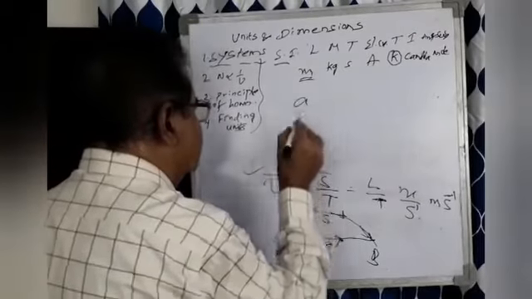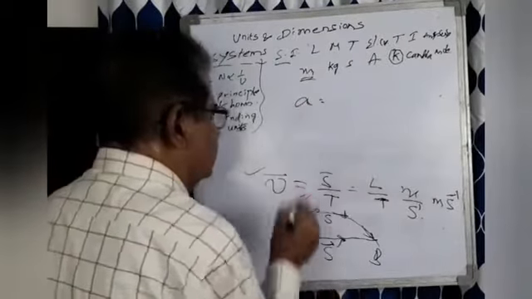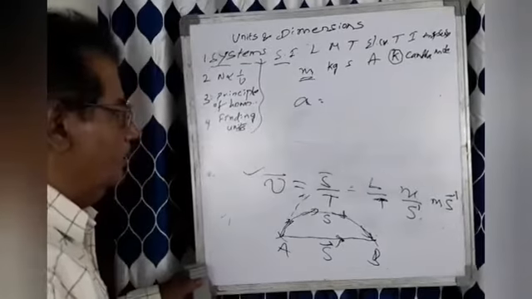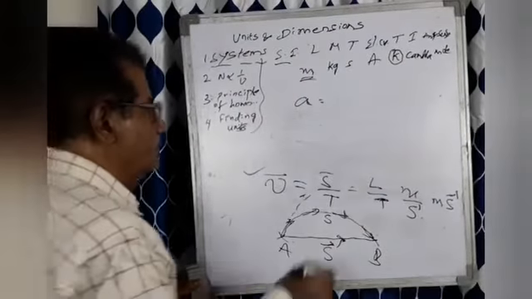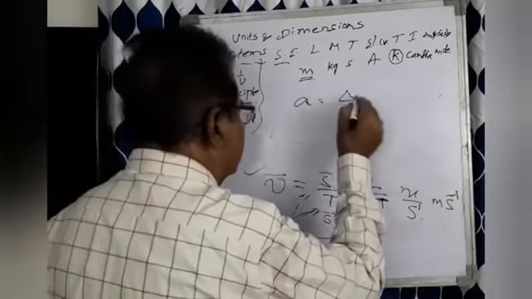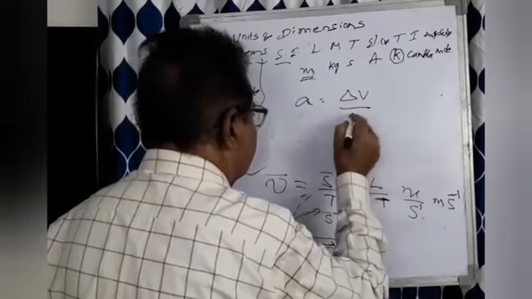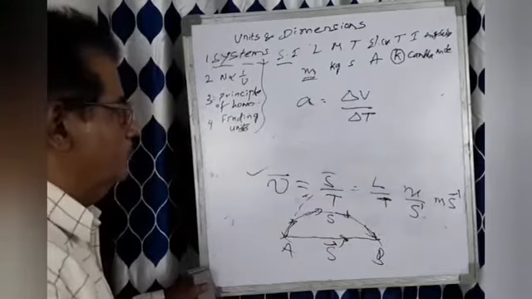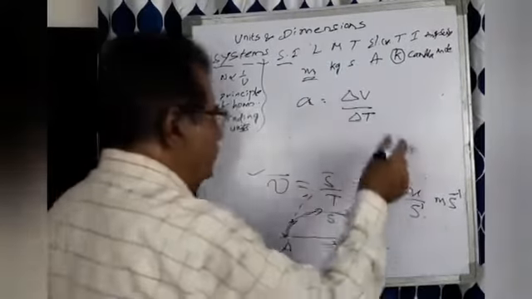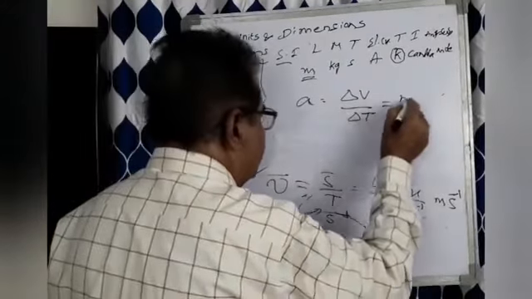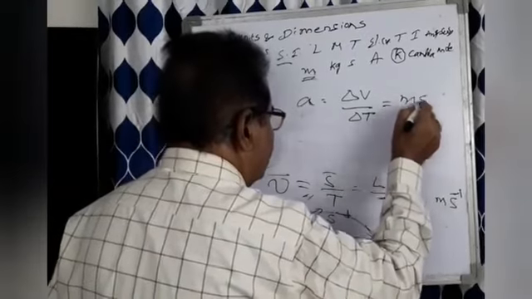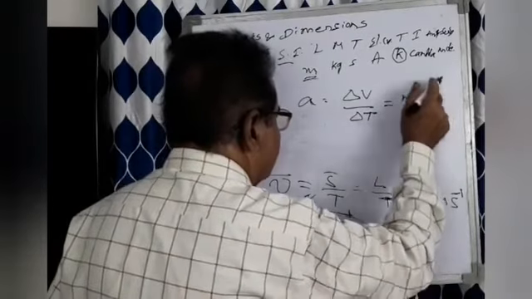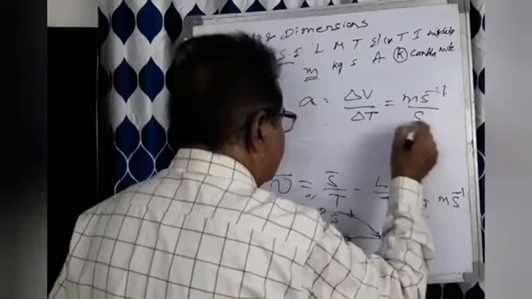So acceleration. Acceleration means rate of change of velocity. Change in velocity per second. Delta v by delta t. Delta indicates a small change. So velocity, what is velocity? It has a unit called meter second inverse. And similarly, time is second.